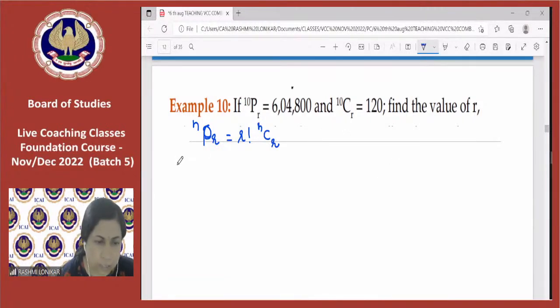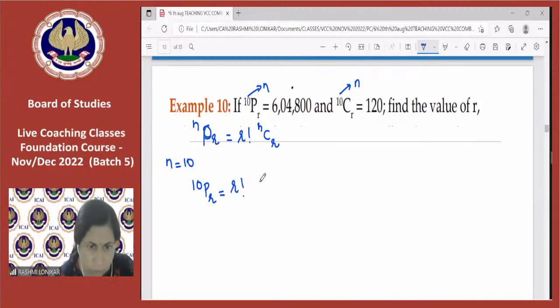Now let us see this here. I have N is given to me as 10. Now I need to find the value of R. So 10PR is equal to R factorial into 10CR.